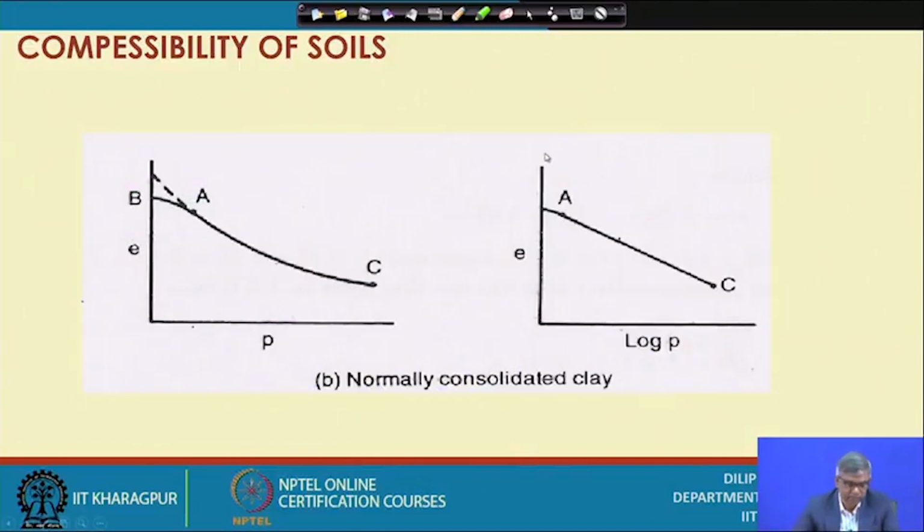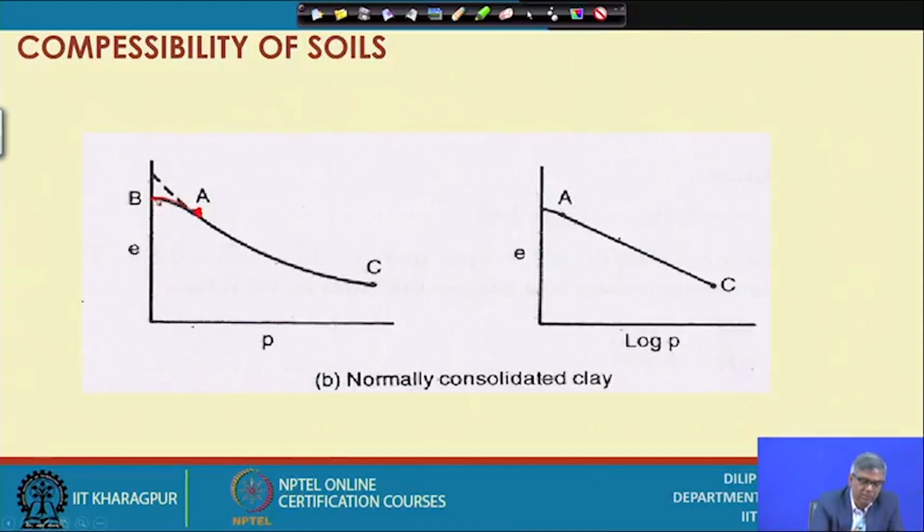As I have mentioned here, this is the path reached up to this, and suppose at this point there is the existing overburden pressure, at a 10 meter depth, and from 10 meter depth I have taken the sample. When you remove the sample, there is a pressure release. Because of that, the volume of the sample increases, suppose reaching here.